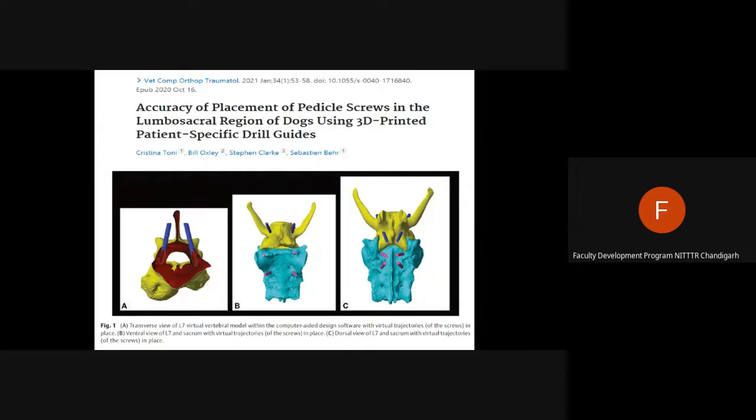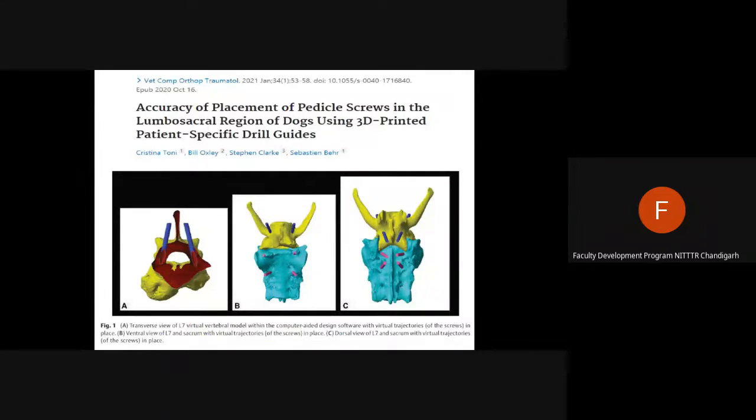So little misdirection can lead to the screw entering the spinal cord. If we have models, then we can create specific guides. Guides means creating certain assemblies having a hole which fits on the external vertebra, through which we can drill a hole and place the screw.